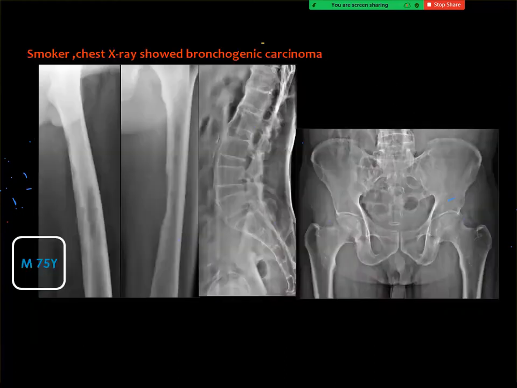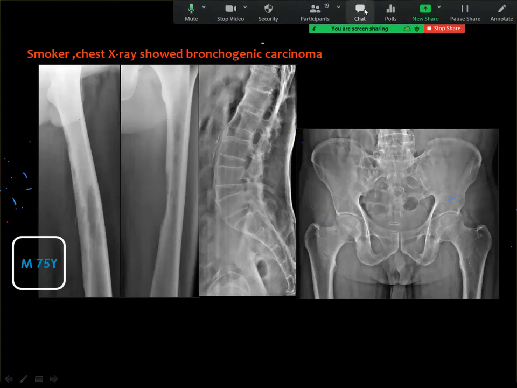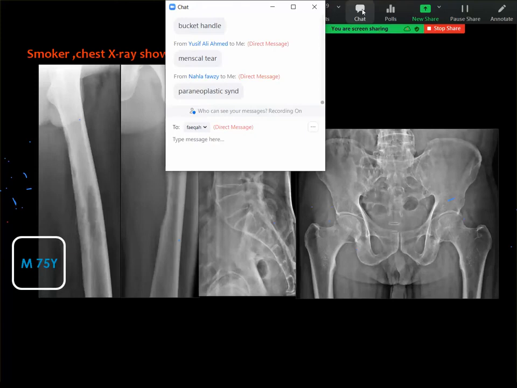This is bucket handle tear. This patient is a smoker, and the chest X-ray showed bronchogenic carcinoma. These are the plain X-rays of the femur and the spine and the pelvis. Paraneoplastic syndrome, Nahla said.